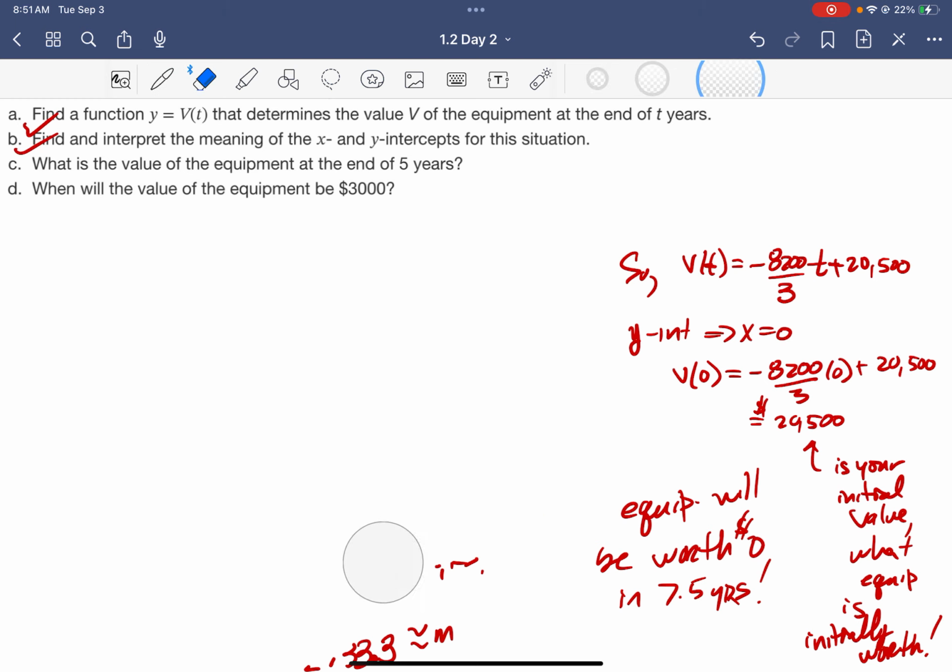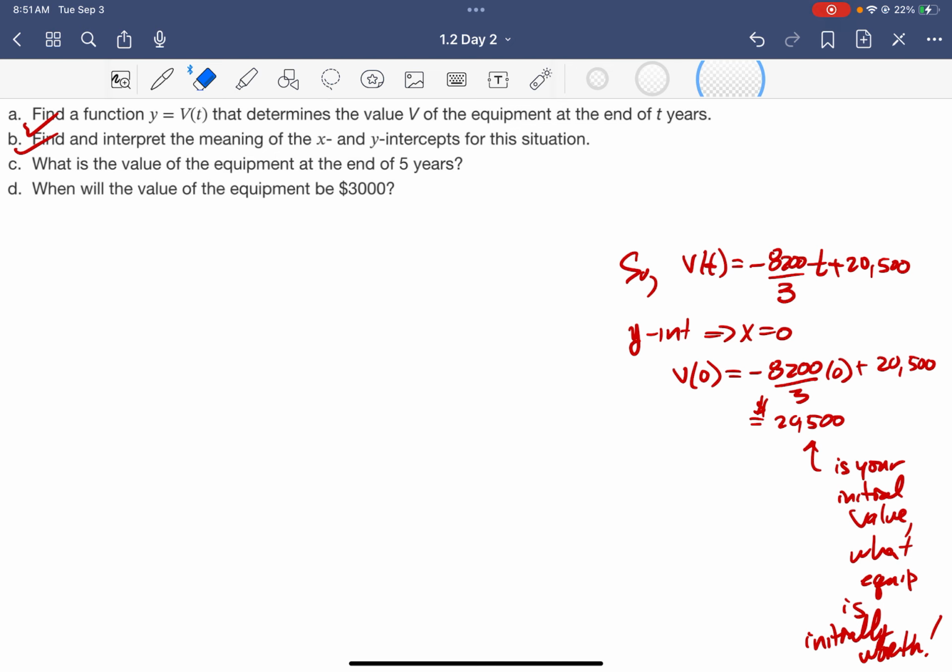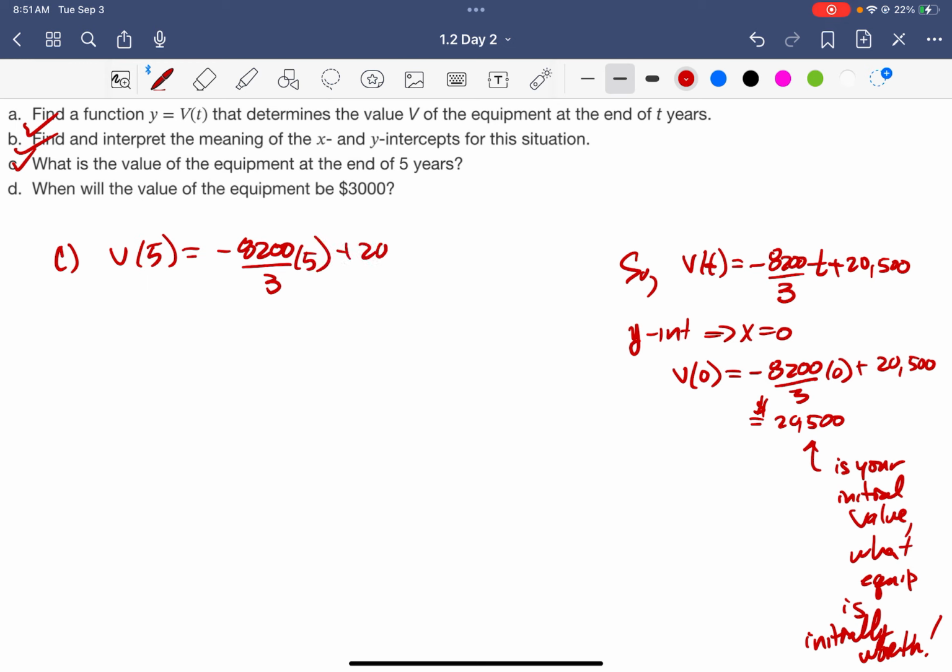So then it wants to know, find the value of the equipment after 5 years in part C. So for part C, I guess I'd plug in 5. So I get negative 8,200 over 3, plug in a 5, plus 2,500.